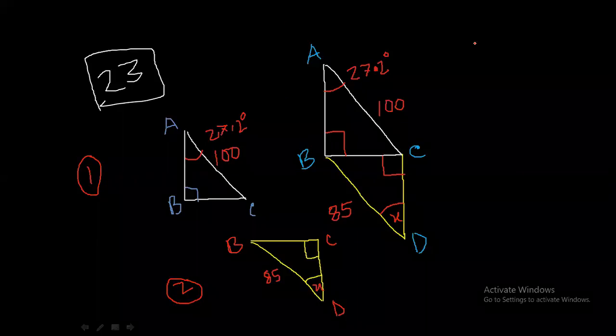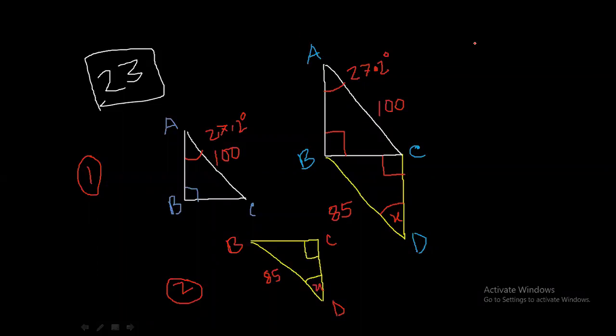Now from these two figures, I have to consider where at least two of these values are given. So in picture number 1, you can see that there are two values given here. And in picture number 2, there is only one value given. So I have to consider picture number 1 to solve.